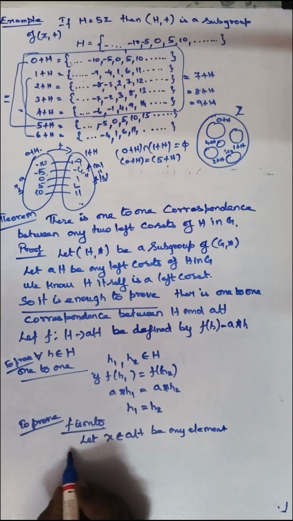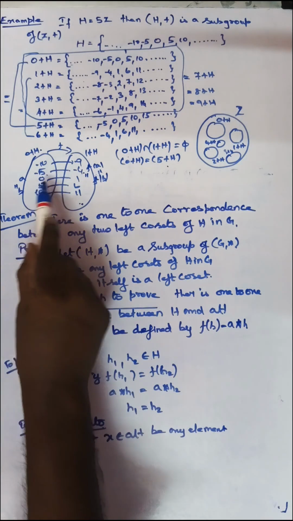Then we know it is in the form a star h, for example 0 plus 1.